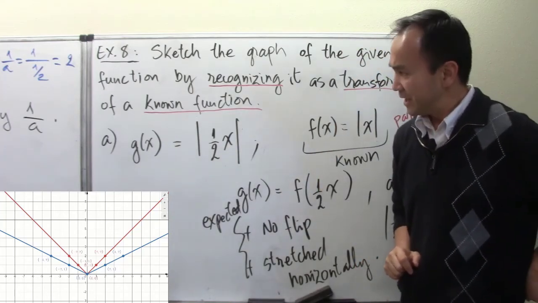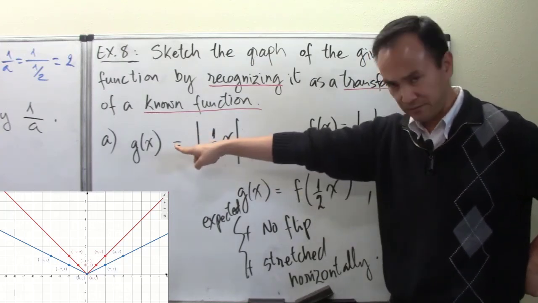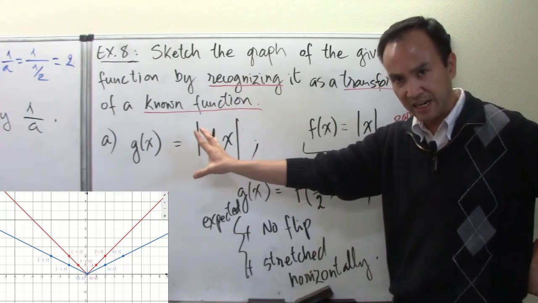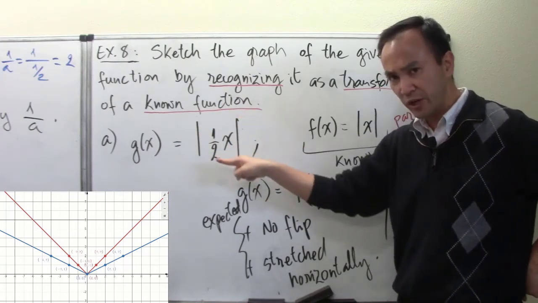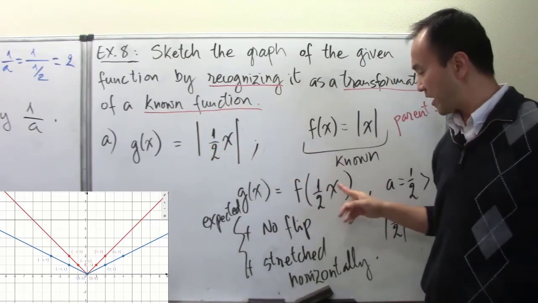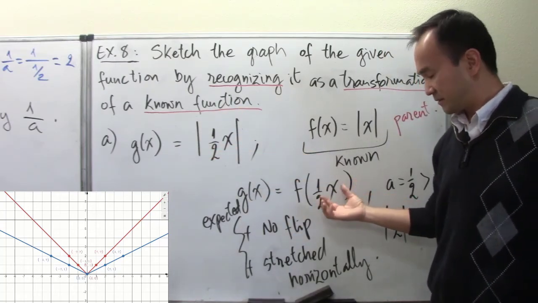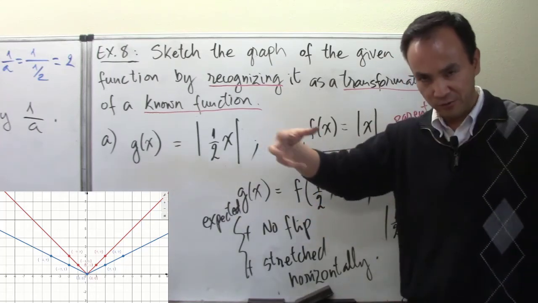That's one of the examples where we graph a given function by recognizing it as a transformation. The only transformation we saw so far is the one where we horizontally scale by stretching it horizontally.